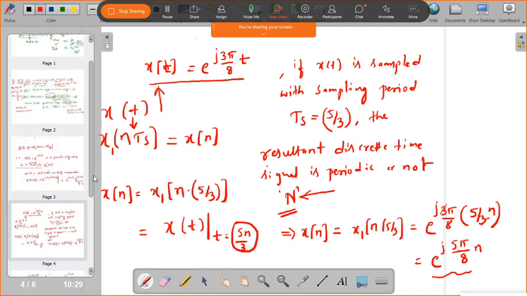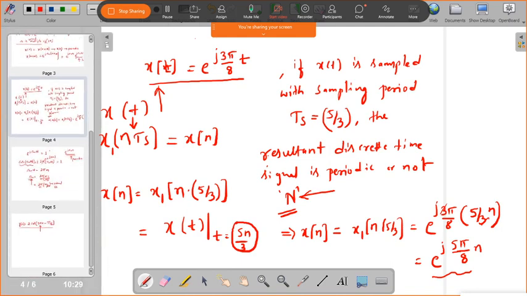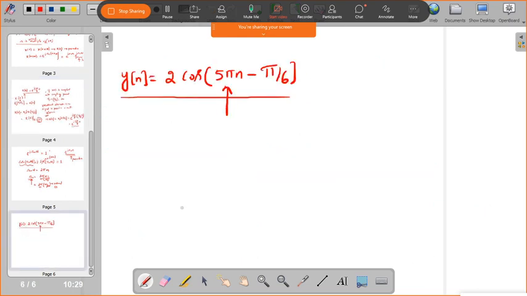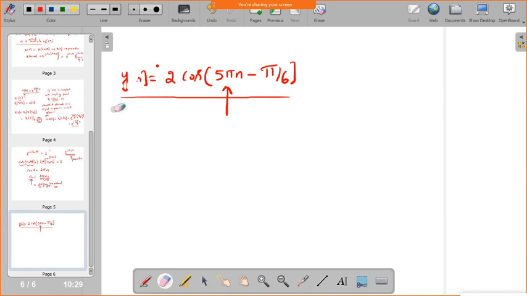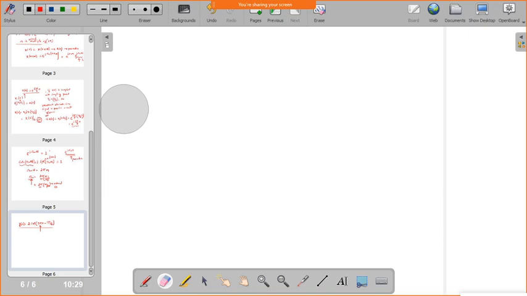Now what is our discrete time signal which we obtained? The resultant signal which we obtained is e power j.